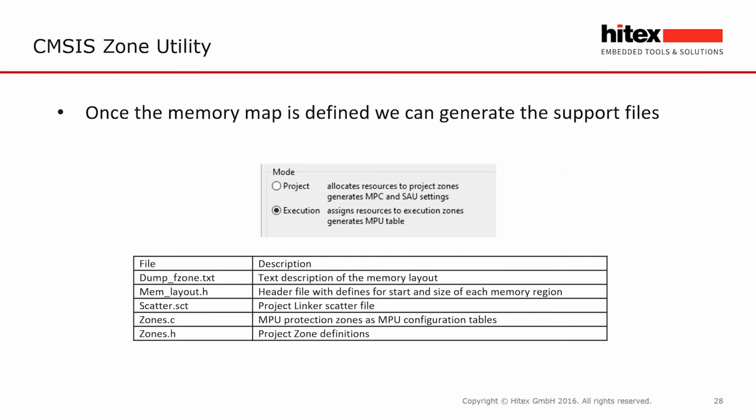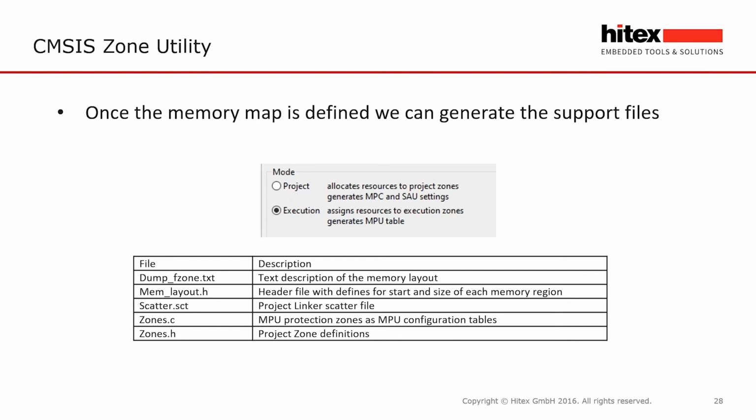Once we've laid out all of our resources, defined our zones and allocated the code, we can then, on the final tab that's within CMSIS Zone Utility, decide what type of project this is. So as an execution project, when we do the code generation, it will create a memory layout header, it will create the linker scatter file for us, and also the MPU zone tables and code as well.